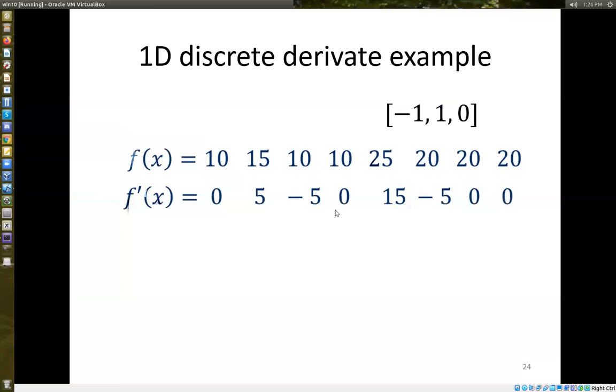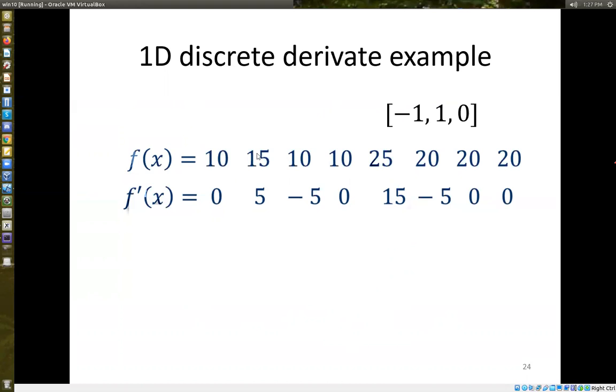So this gives an example here. If I do this in 1D, this is just a dual filter. The derivative is just doing filtering like we did earlier. Consider no padding here, so we ignore the beginning and the end.